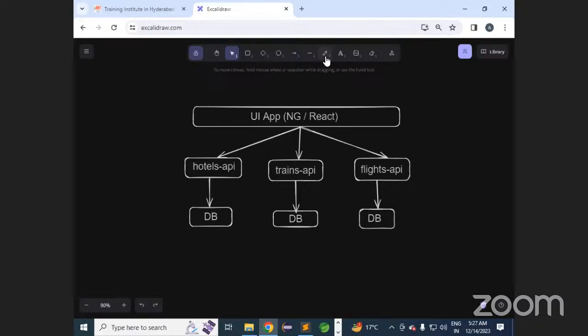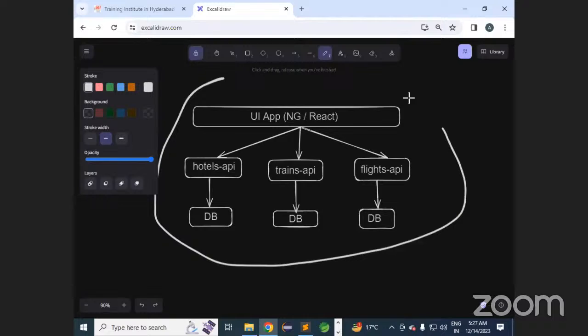So this is called our full stack architecture. In the market currently, people are developing applications like this. The front end project will be separate, the back end project will be separate, and we need to integrate the front end project and back end project. That is called a full stack project.